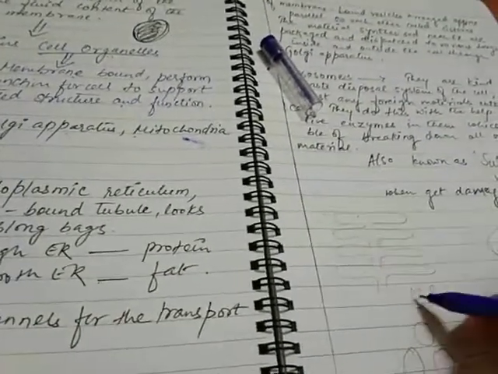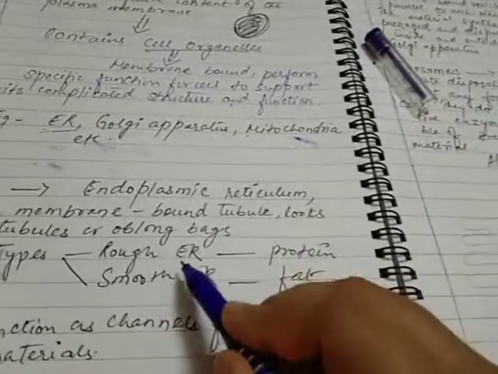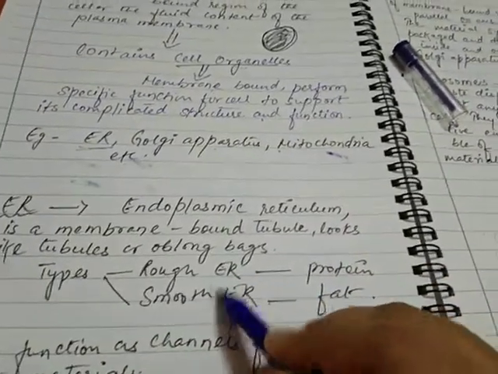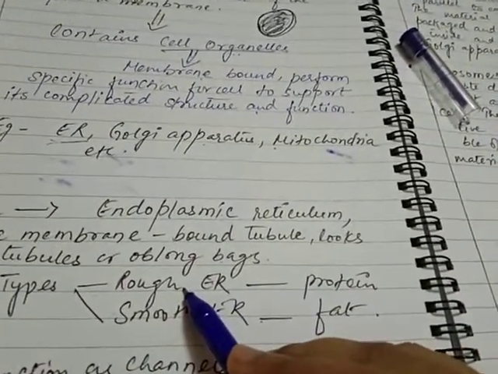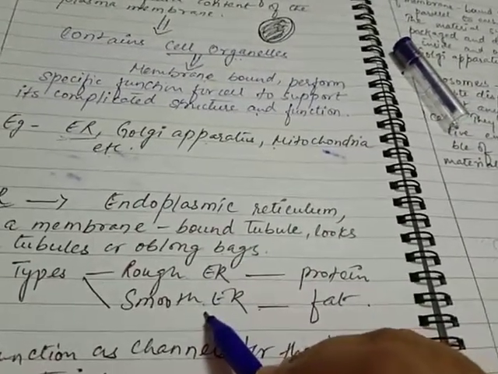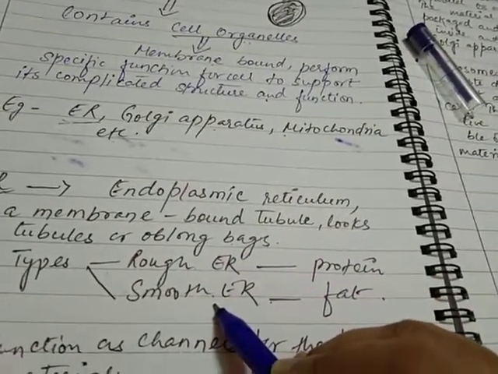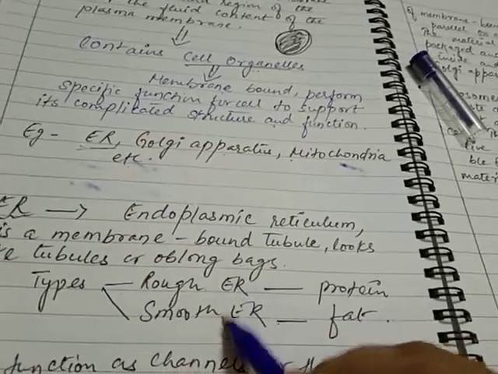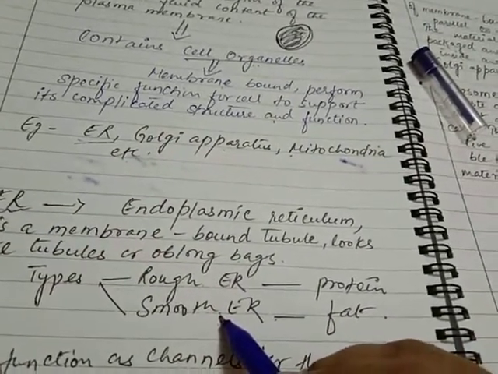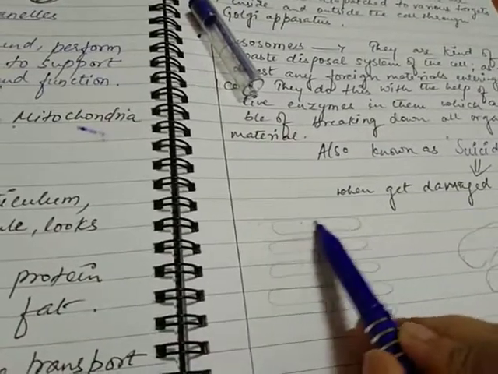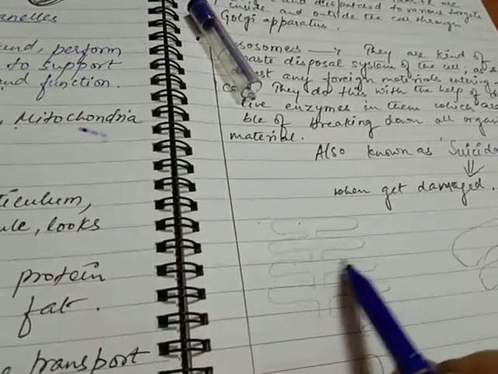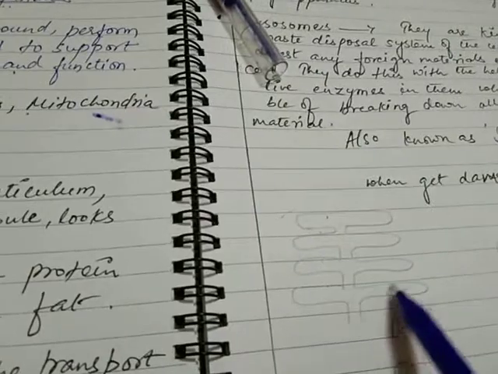Now, endoplasmic reticulum are basically of two types. Either they are rough endoplasmic reticulum or they are smooth endoplasmic reticulum. On the basis of their structure, they have different functions. Now, as you can see here, this endoplasmic reticulum does not contain any additional structure on it.